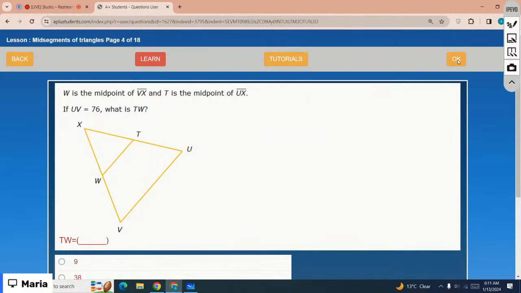W is the midpoint of VX and T is the midpoint of UX. If UV equals 76, what is TW?